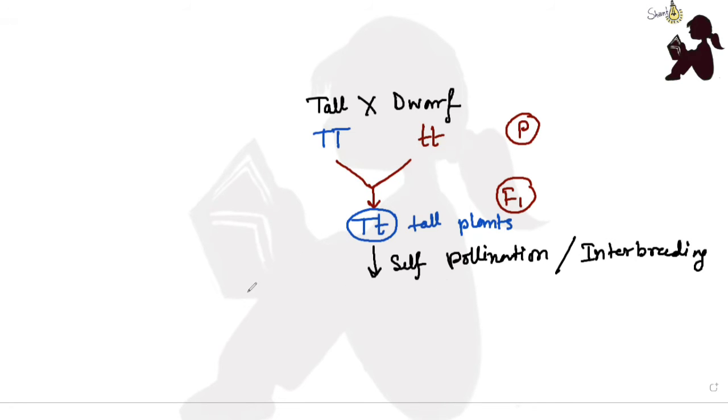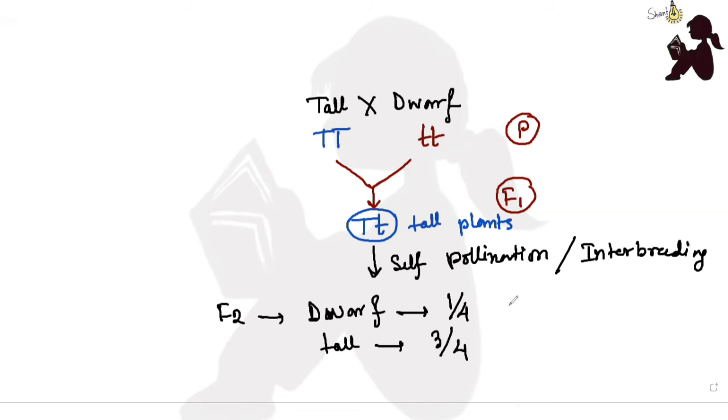And in the F2 generation, he found dwarf plants of 1/4 and tall plants of 3/4 ratio. Now, why did this kind of number come? So, for this, we need to understand the Punnett square.